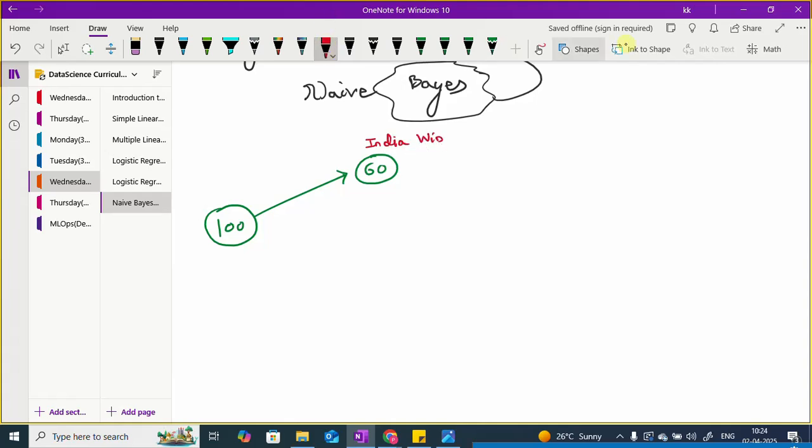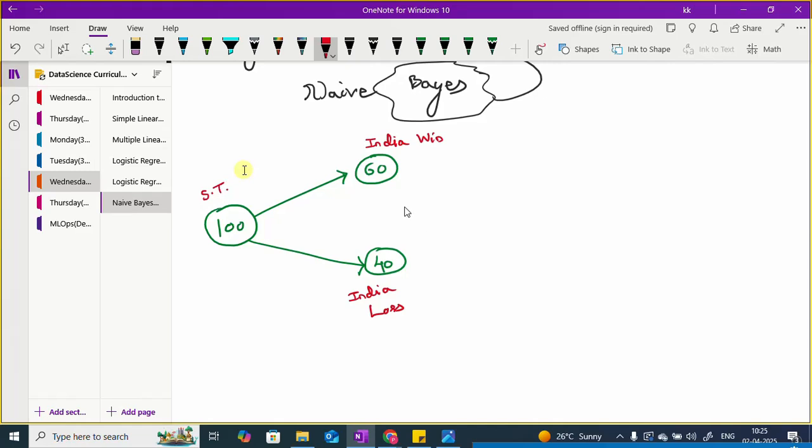Now the remaining 100 minus 60 is nothing but 40 matches. No doubt India lose the match. Now it's telling, whatever the 100 matches got played, in all the 100 matches Sachin Tendulkar was involved. So Sachin Tendulkar played all the 100 matches.